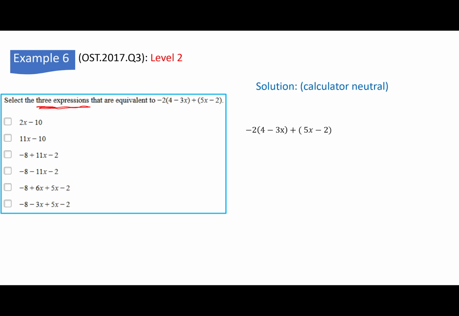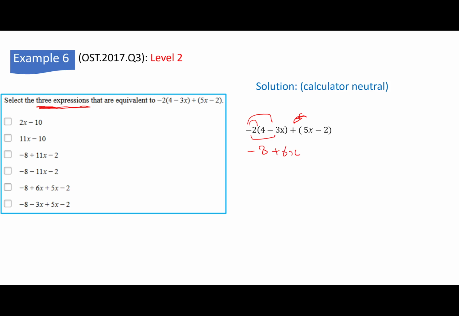So again, minus 2 times 4 is minus 8. Minus 2 times minus 3x is plus 6x.